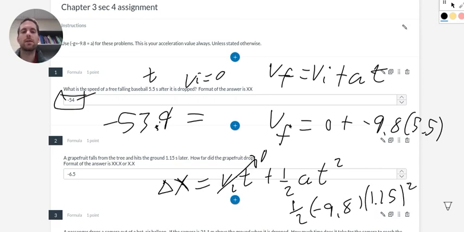That value is squared. So if I type that on my calculator, 0.5 times negative 9.8 times 1.15 squared, I'm going to get negative 6.48, and that's to 1 decimal, so I round that. This is 8, I round that to 5, negative 6.5.